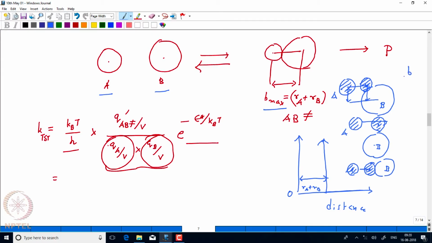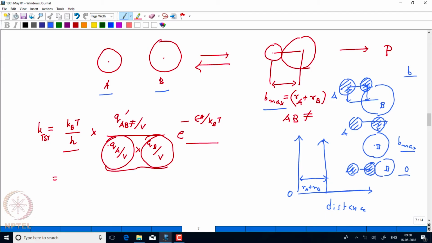So this b can take values between 0 and b max, and this b max is very important in collision theory, because we know that if the atom A or the molecule A lies within a distance b max from the center of the other molecule or atom, then the collision will happen, which is very clear from this picture.